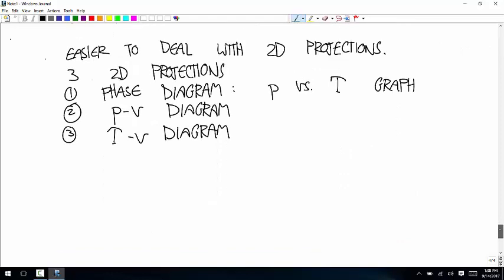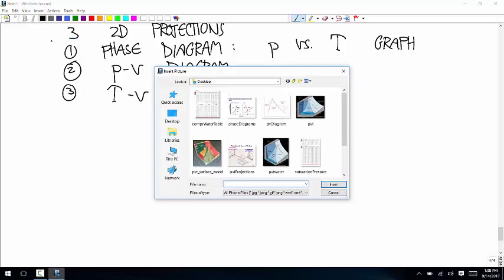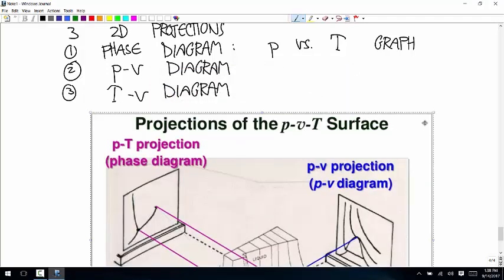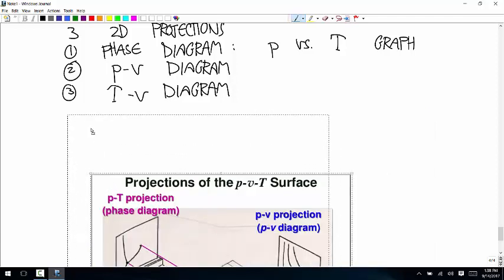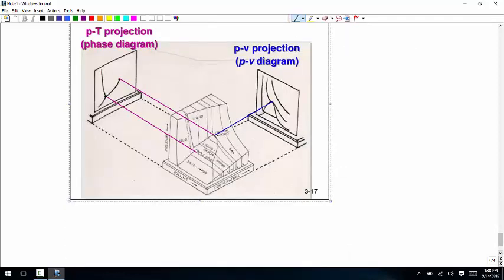And so here's the idea of these projections. This only shows two of them, but you can do projections of any two of those dimensions onto a plane.